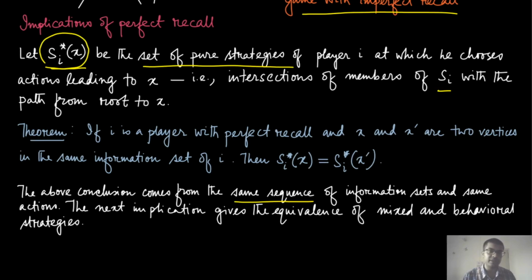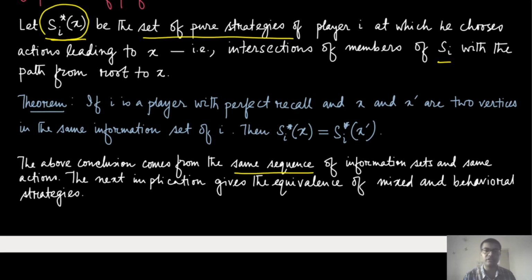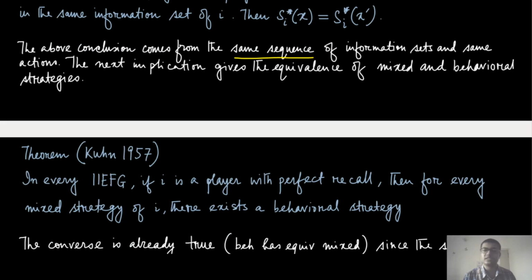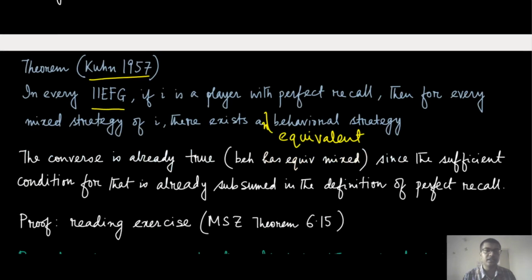Now, there is another implication of perfect recall, which gives the equivalence of mixed and behavioral strategies. So this is a theorem shown by Kuhn in 1957. In every imperfect information extensive form game, if i is a player with a perfect recall, then for every mixed strategy of player i, there exists an equivalent behavioral strategy. So we already know that the converse is already true.